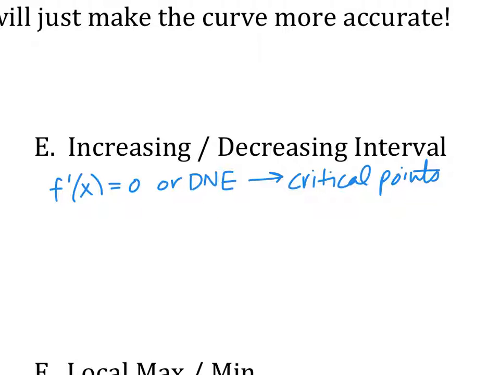Then you're going to create an f prime sign chart. You're looking for increasing, decreasing, which means you're looking for the signs on the sign chart. If it's a plus sign, it's increasing. If it's a negative sign, it's decreasing.